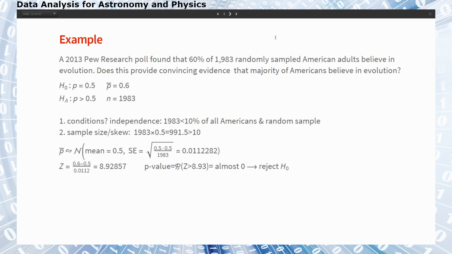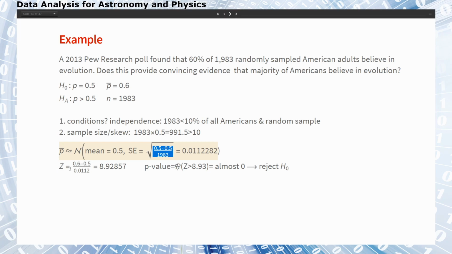1,983. Conditions are met. Therefore, we can assume that P bar is distributed according to a normal distribution with a mean centered on the population proportion and the standard error computed as P times 1 minus P divided by the sample size and then taking the square root.